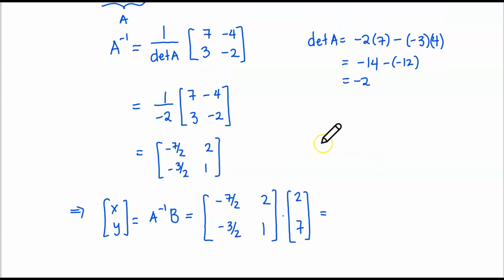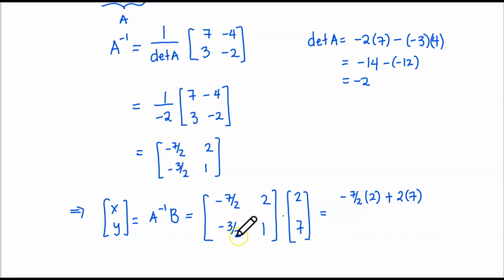You multiply this row here by the column here. We have negative 7 over 2 times 2, and then 2 times 7, and then you add.